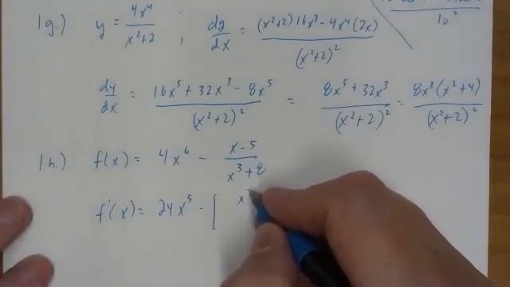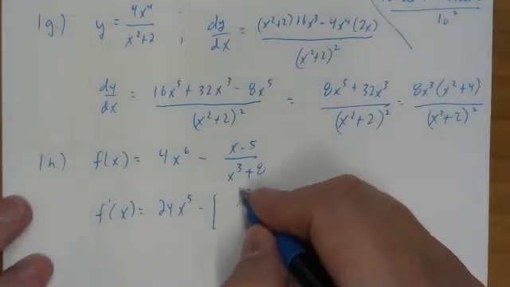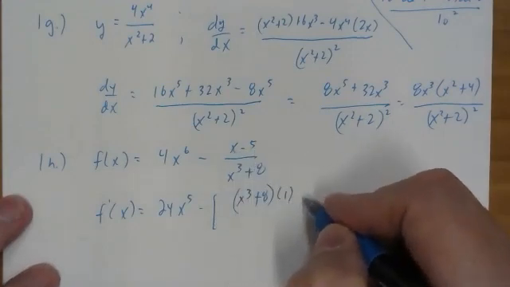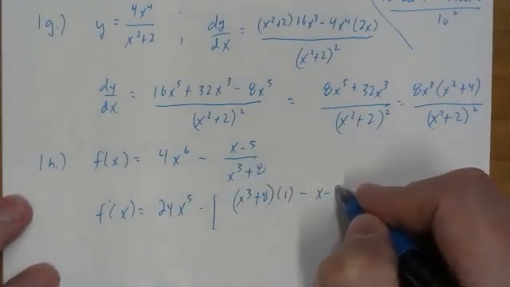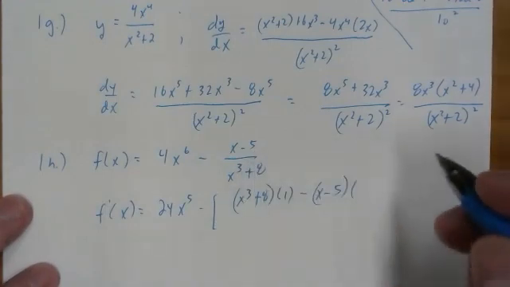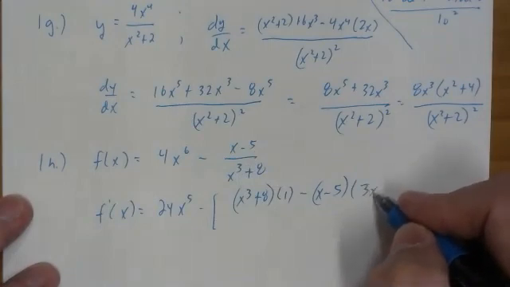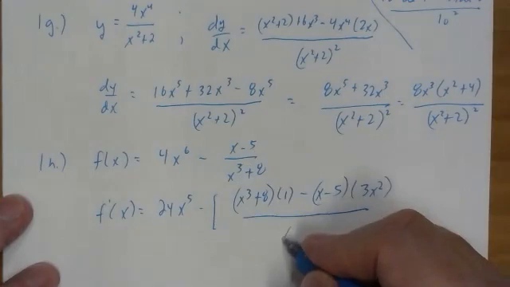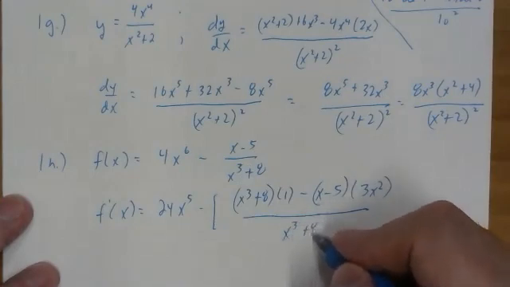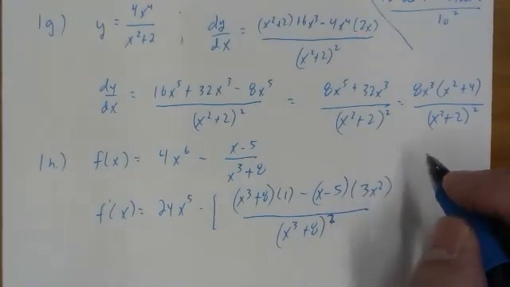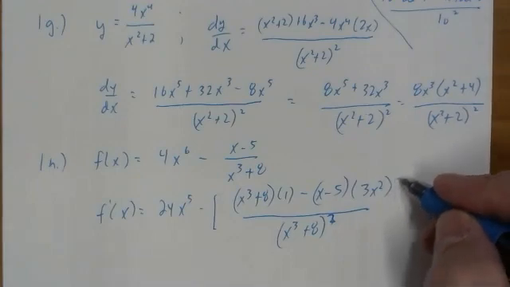So low d high, derivative of x to the minus 5th is just 1, minus high d low, derivative of this denominator, 3x squared, all over the denominator squared, x cubed plus 8 squared.